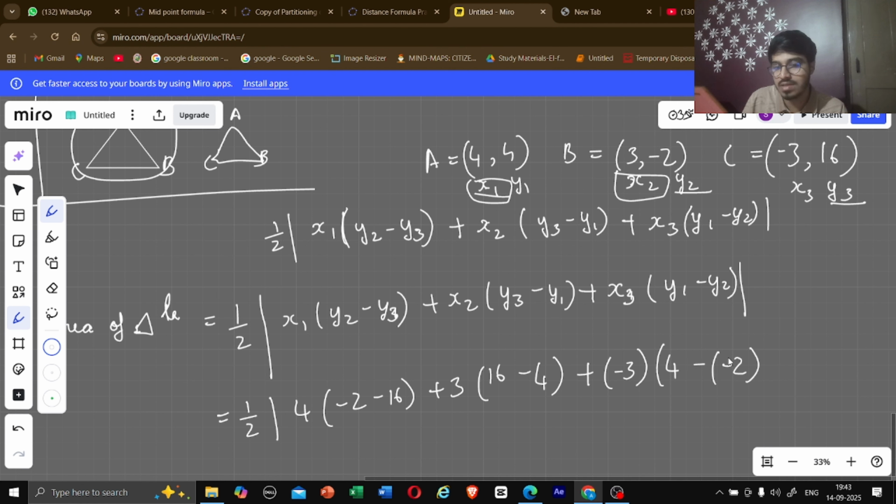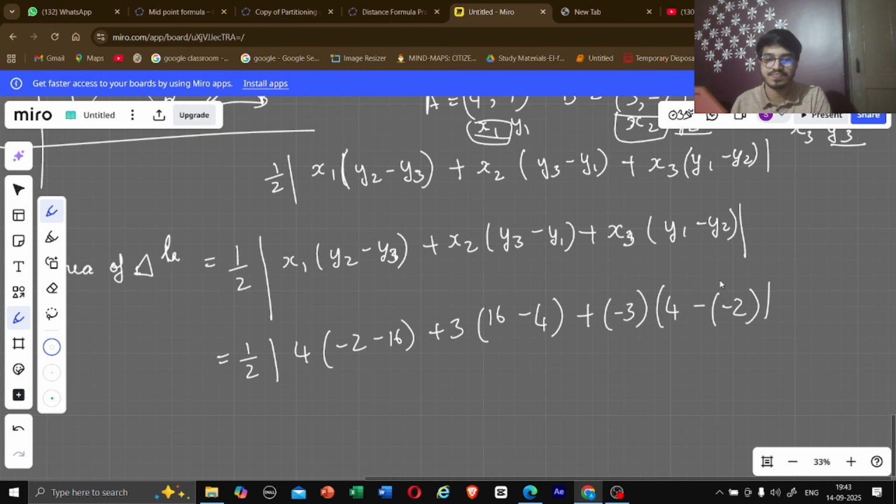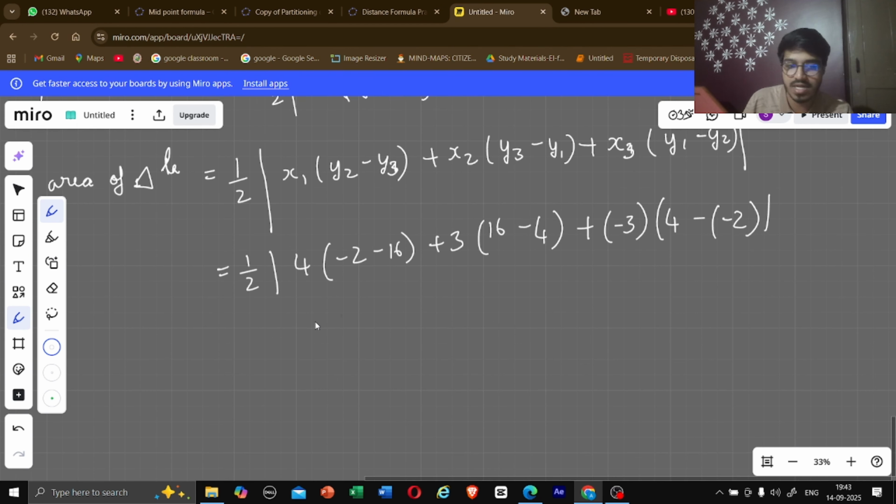Already a minus is there in the formula, so minus of minus 2. Any doubts till now? If any doubt, please comment in the comment section, with the timeline you can see, or you can just explain what doubt you have.